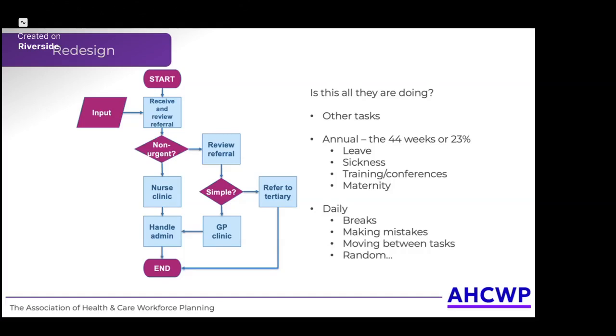That's where the 23 to 27% additional often gets added to nurse establishments, for example, or the 44 weeks that's considered for doctors, for example. That's where that often comes from, but don't forget that.